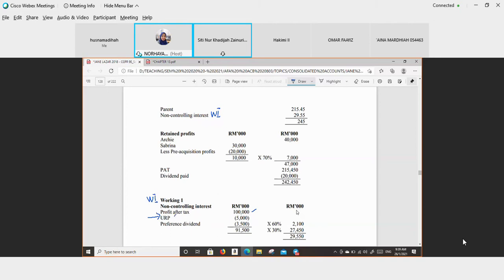Because this is upstream sales. This one careful. Okay, selalu student tersilap kat sini. Because somehow URP you can minus from the group. Okay, this one you minus from the subsidiary because it's Sabrina who sold the goods. Sebab dia upstream sales. Okay, betul you tahu upstream, downstream. You boleh hafal, but somehow you must understand upstream means it is sold by the subsidiary.